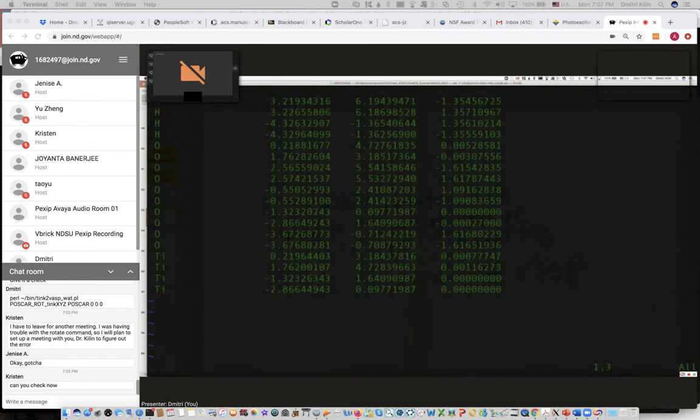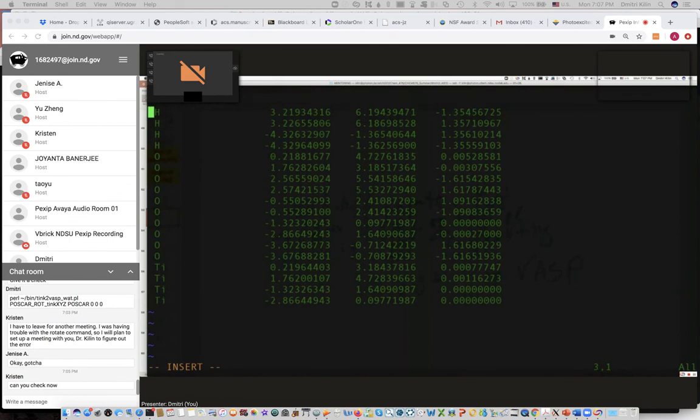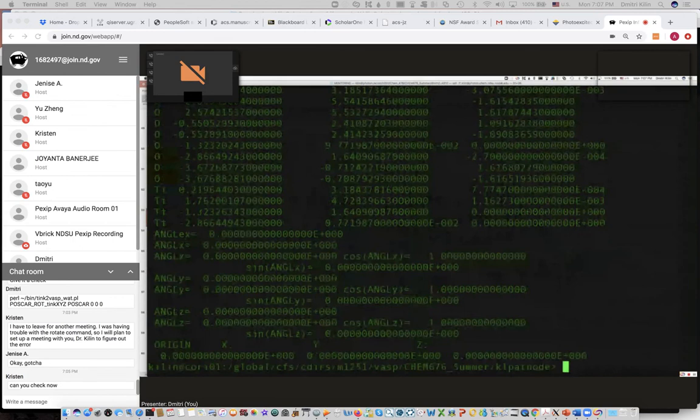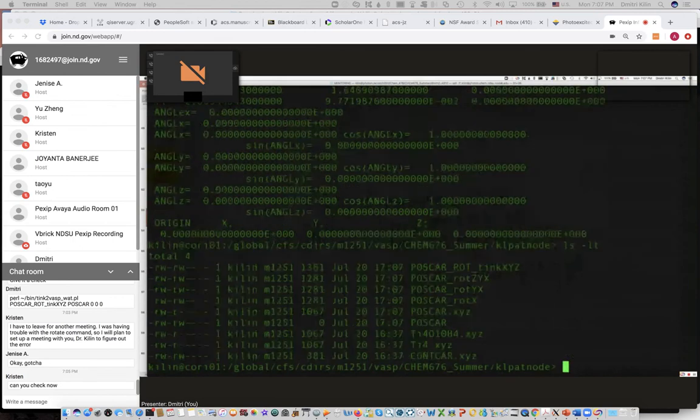Insert, enter, escape, write quit. Rotate, 0 enter 0 enter 0 enter. Okay, done. ls minus ot. Kristen, your file is ready at this stage.